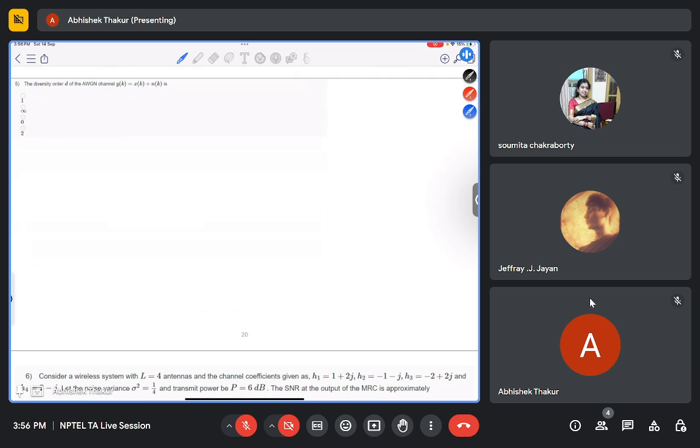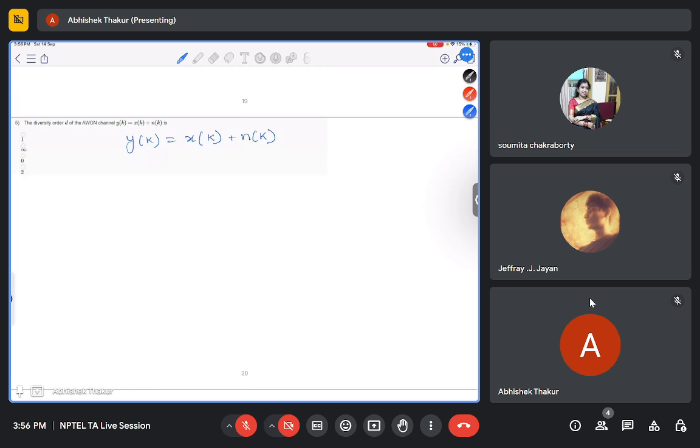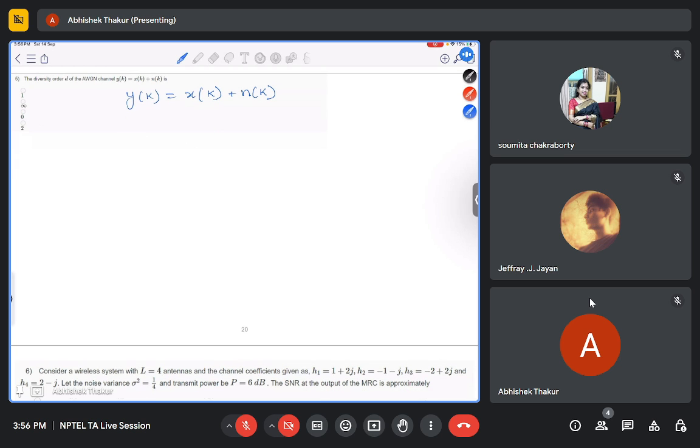Now the fifth question is on the diversity order. We have to find the diversity order D of the AWGN channel where the received signal YK is given as XK plus NK, the transmit symbol plus the noise is the received signal.